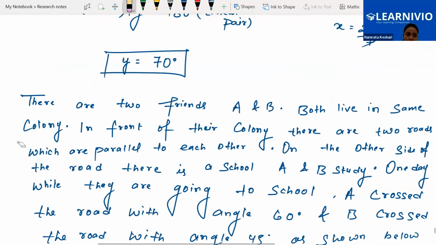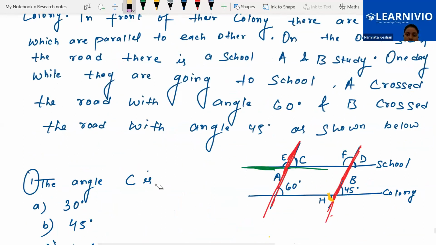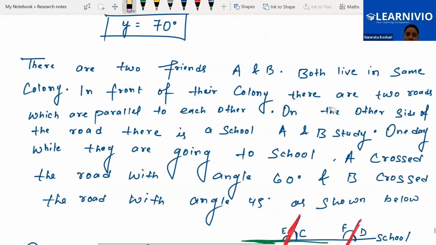Let's go through the question. Let me see if I am missing any statement. There are two friends, A and B. Both live in the same colony. In front of their colony, there are two roads, and here it is written A and B. In front of their colony, there are two roads which are parallel to each other.